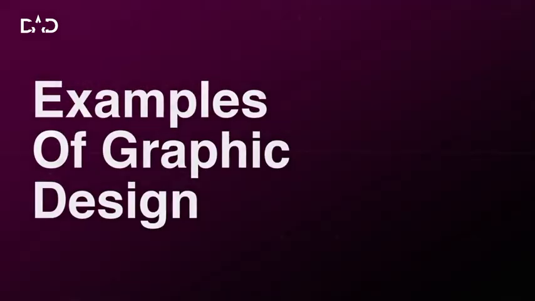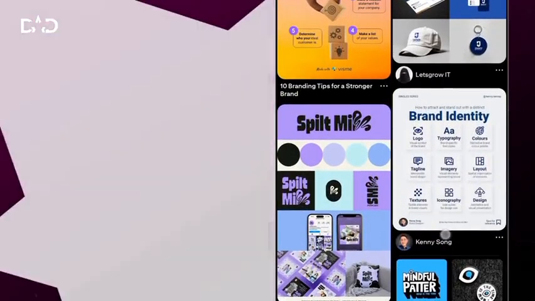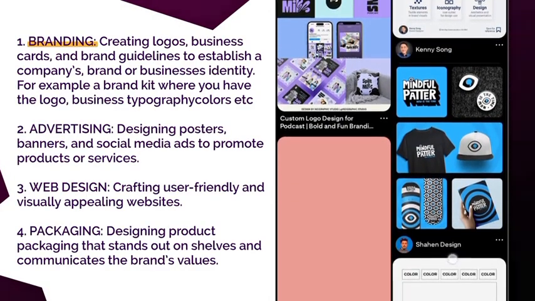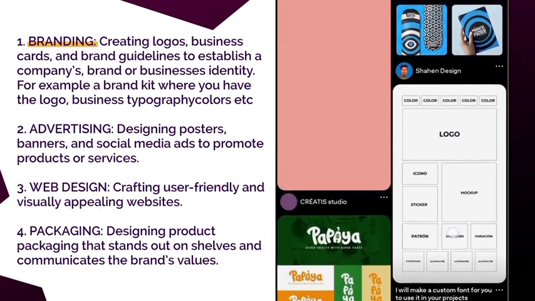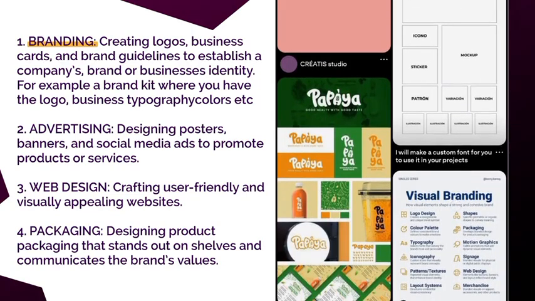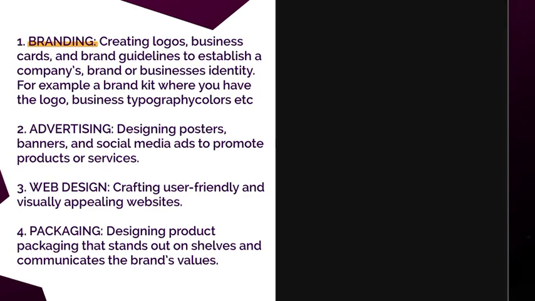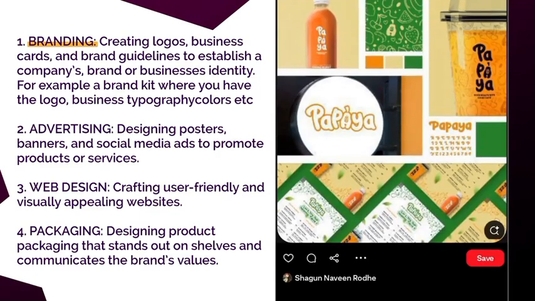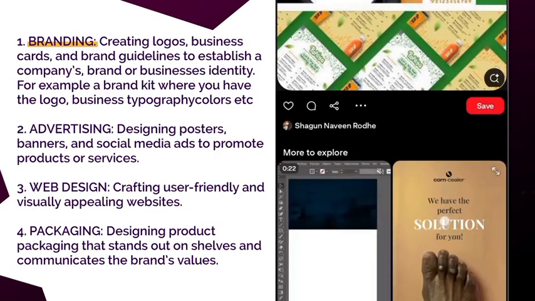Examples of graphic design. Nowadays, there are lots of graphic design examples which fall under some of these categories. 1. Branding. Creating logos, business cards, and brand guidelines to establish a company, brand, or business's identity. For example, a brand kit where you have the logo, business typography, color palettes, and so on.